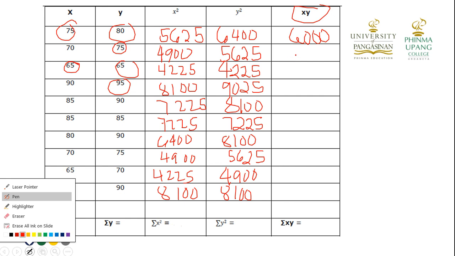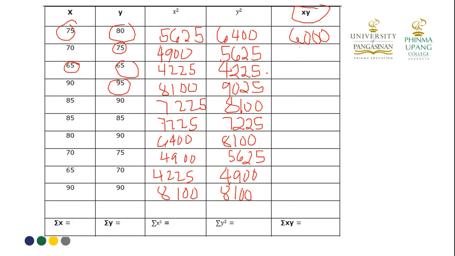Okay, dito naman, 70 times 75. 5250. Next, 65, 65, 4225, kasi square.